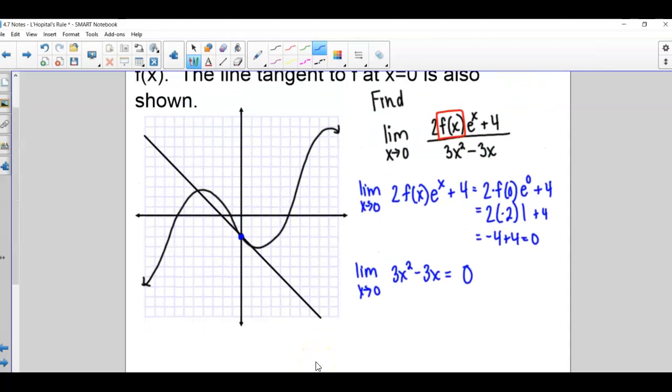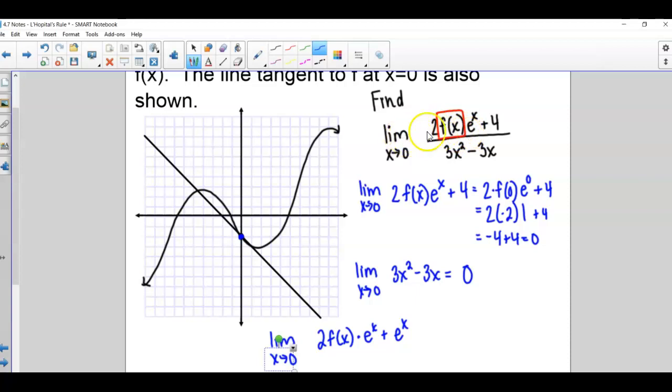So now that we've shown that we get the indeterminate form, now we've got to take the derivative. The derivative is much more difficult than some of the other ones that we have been looking at, and you've got this f right here to deal with. So we're going to have the limit as x approaches 0 of, we've got 2f of x and e to the x. We've got to use a product rule for this. So we'll have 2f of x times the derivative of e to the x, which is e to the x, plus e to the x, times the derivative of 2f of x.